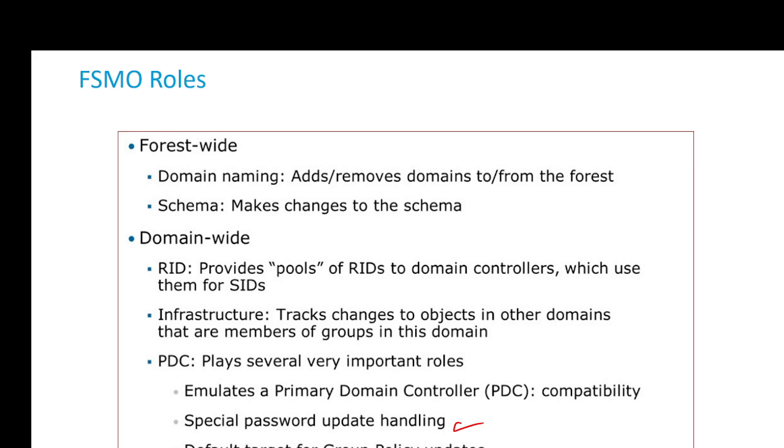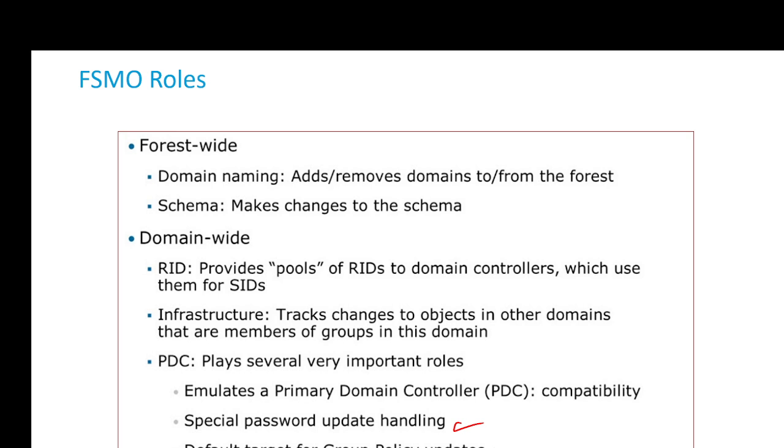Time synchronization means, for example, if you have 1 lakh computers in the estate, in all the 1 lakh computers the time will be the same. If now the time is 8 o'clock 20 minutes and 10 seconds, the same is there for the entire estate. All the computers in the estate will have the same timing. So that is the PDC.